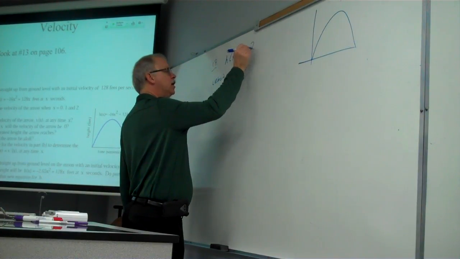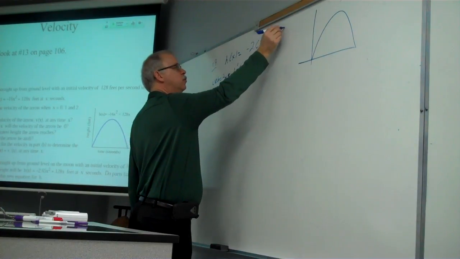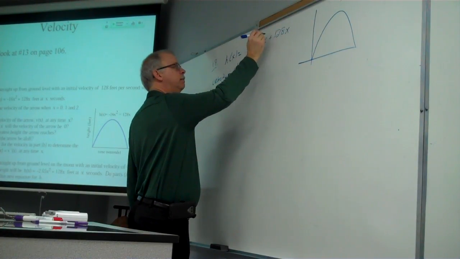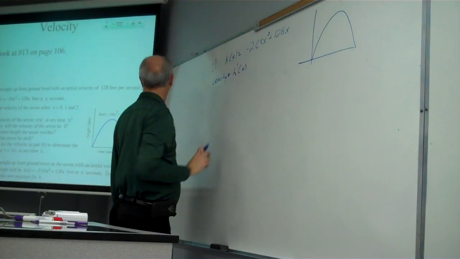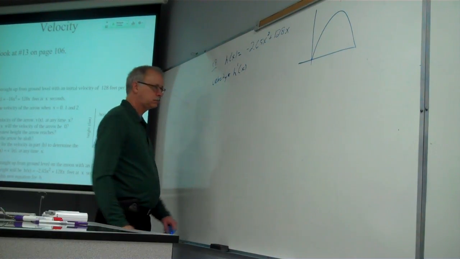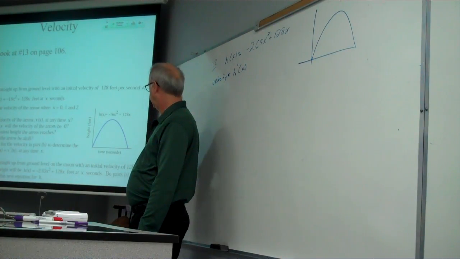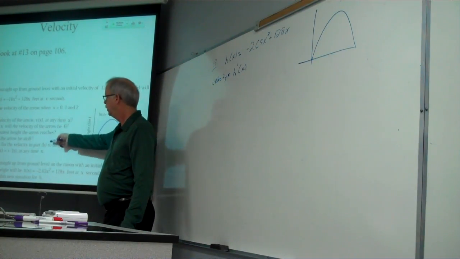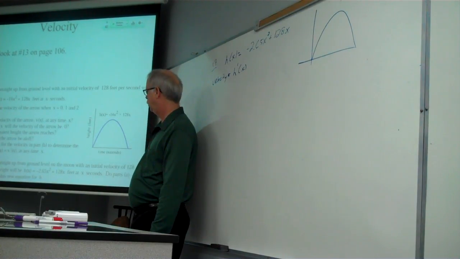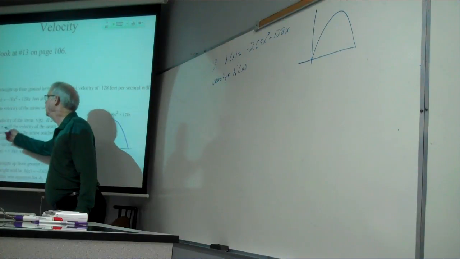So negative 2.65 x squared plus 128x. And they want us to do these parts A through E. And it says here problem 40, and it's really that problem.